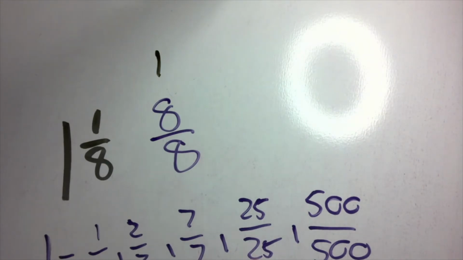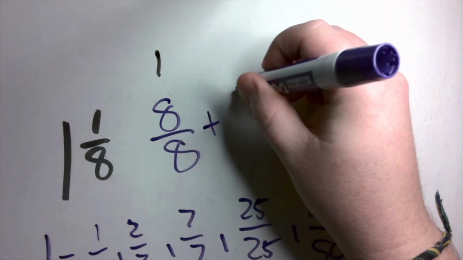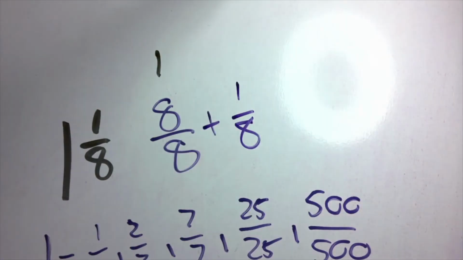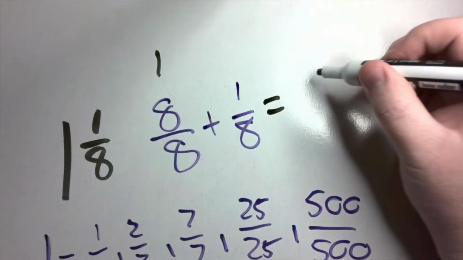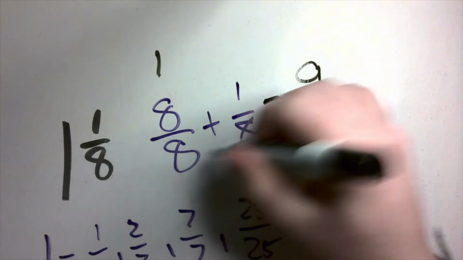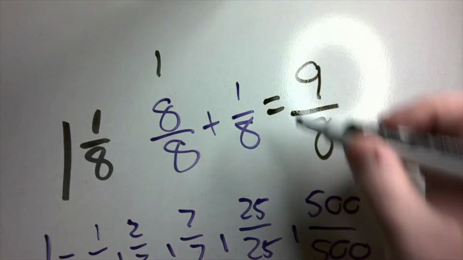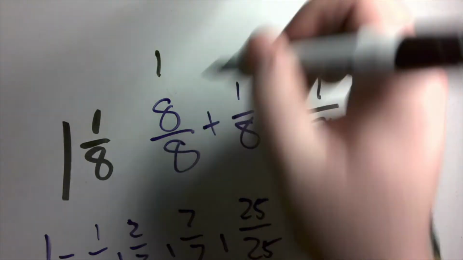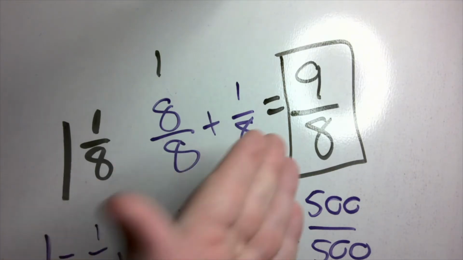Now we're going to take our 1/8 and add it to our 8/8. We're going to do 8 plus 1 is 9. And we don't add the denominators, so we still have 8 on the bottom. Our new fraction is 9/8. 1 1/8 is equal to 9/8. And just like that, you converted a mixed number to an improper fraction.